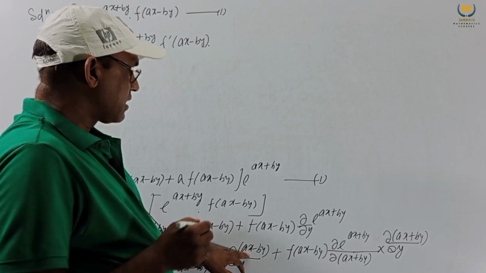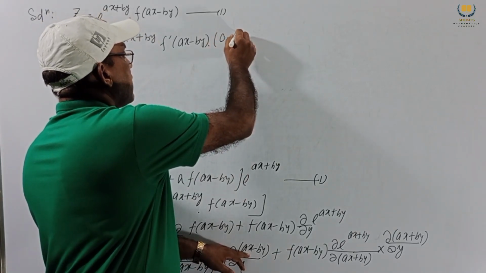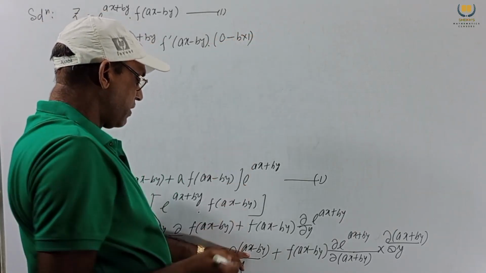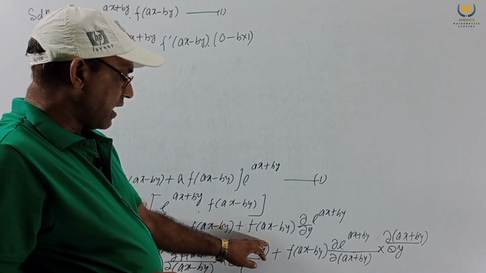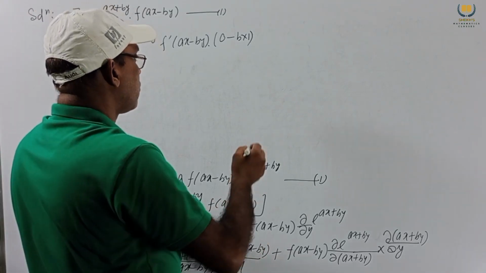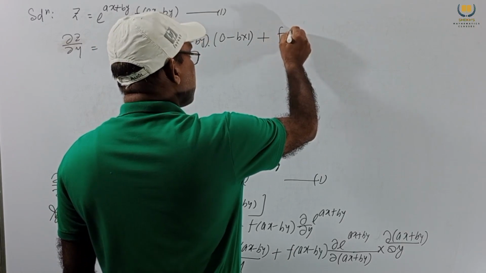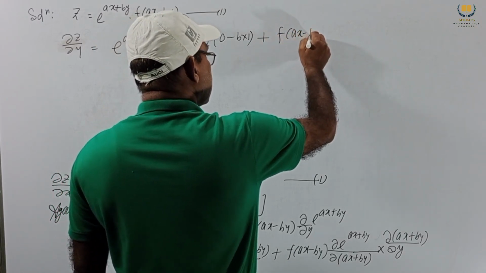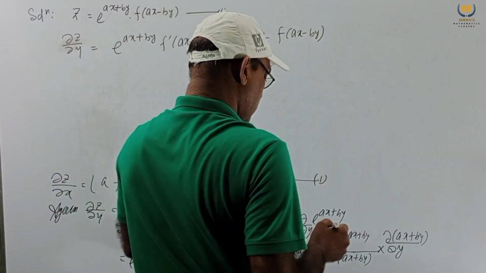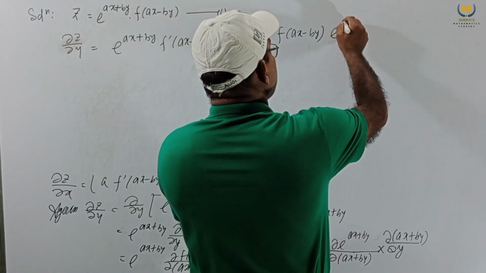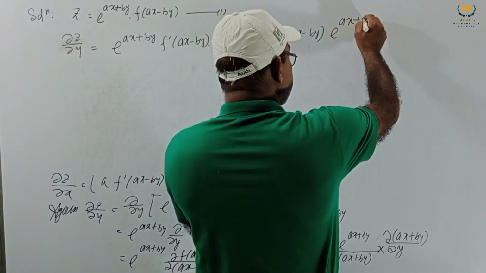This is constant, then this is 0 minus b into 1. b is constant outside, ∂y is 1.